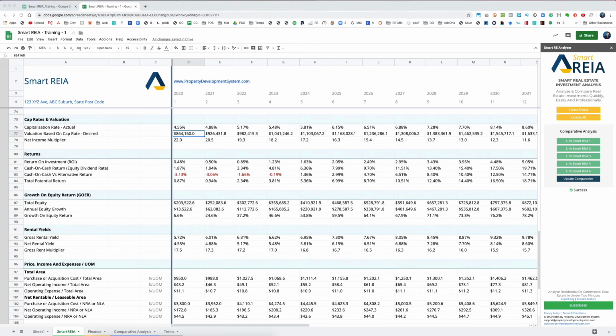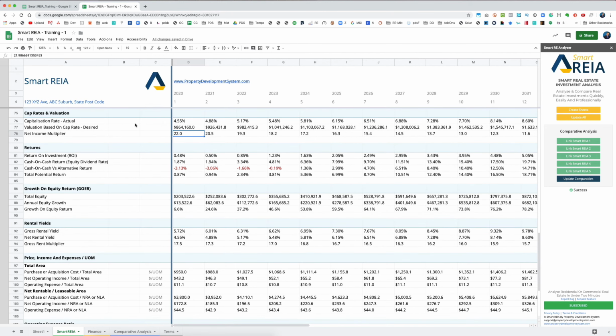Now, your net income multiplier is very closely related to your cap rate and so on. The only thing is that it's there as a measure for you to compare different properties. You really do need to understand what cap rate is, and you need to find out what the going cap rate in the market is.